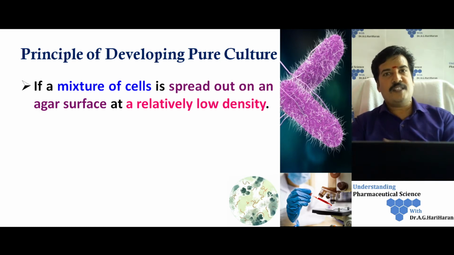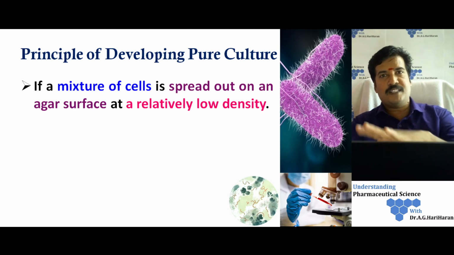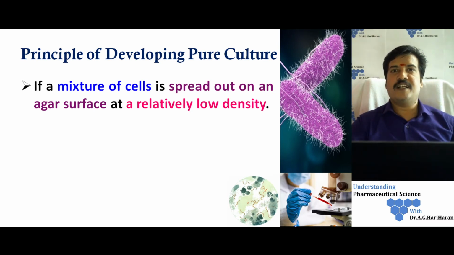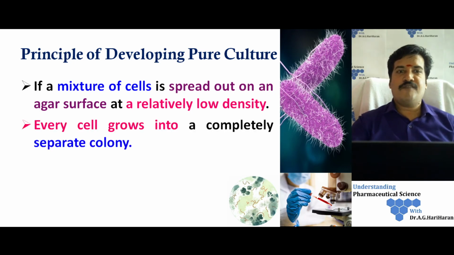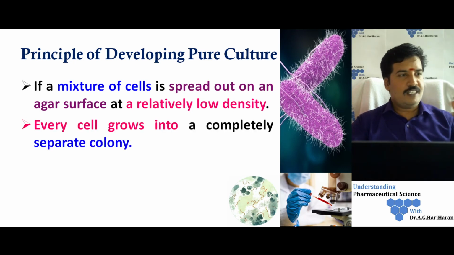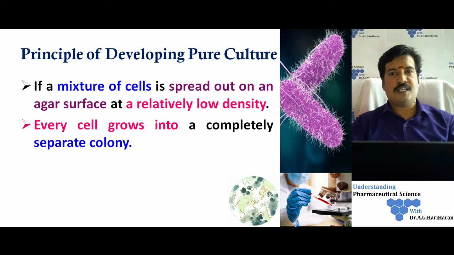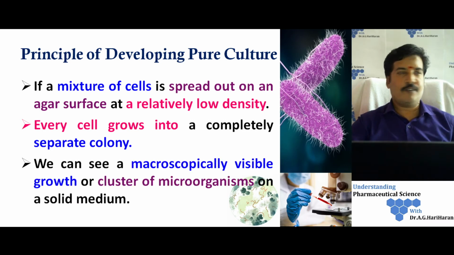Then it is placed on an agar plate so that individual cells will be present on the agar surface and can develop into colonies after incubation. Each cell will divide and form a colony. This can be easily visualized with the naked eye, and it can be subcultured and used for study. This was the basic principle behind the isolation of pure culture.